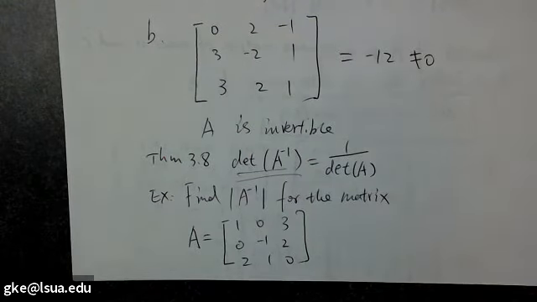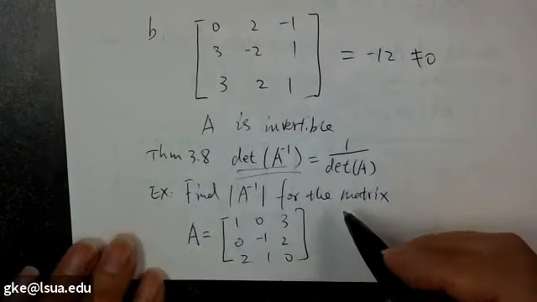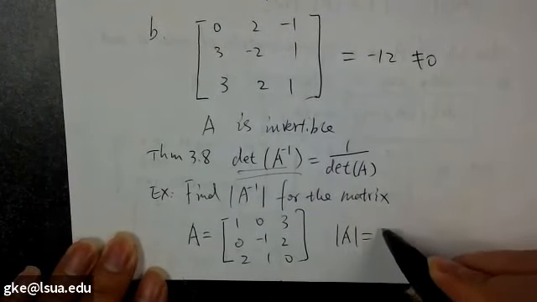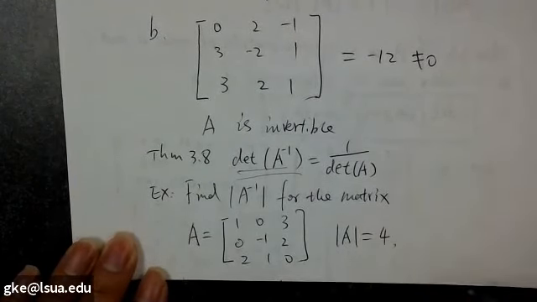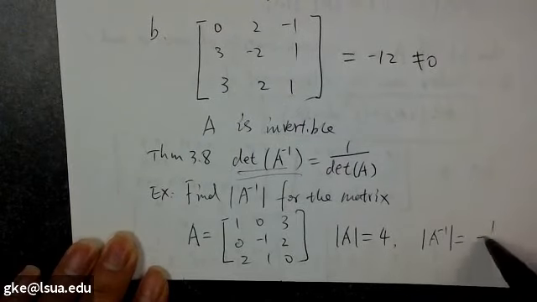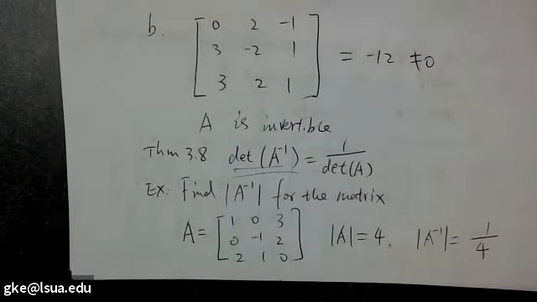How about you? 1 over 4. Let me check. 1 over 4. That's right. Good job. So you calculate the determinant of this matrix and you get 4. So the determinant of the inverse is 1 over 4. That's it. I'm going to wrap it up.